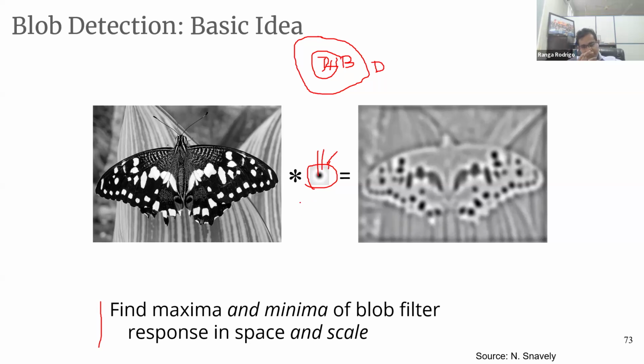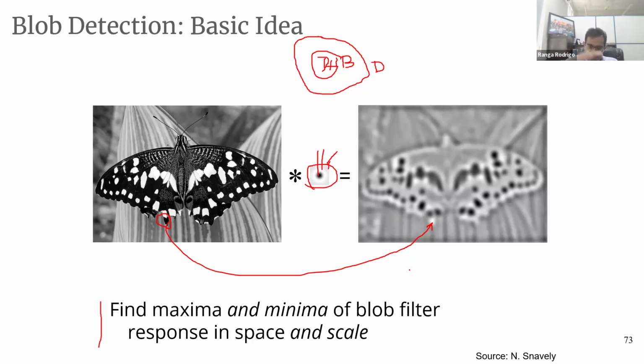We know that when you filter, the filters look for things that look like itself. So if you have something like a black dot on a white background, the filter gives you the maximum response. But going further, the filter gives a maximum response if the scale of the blob size matches the structure of the image's size at that location.